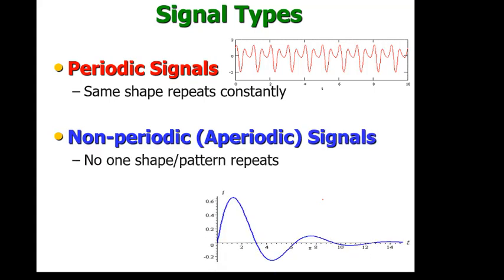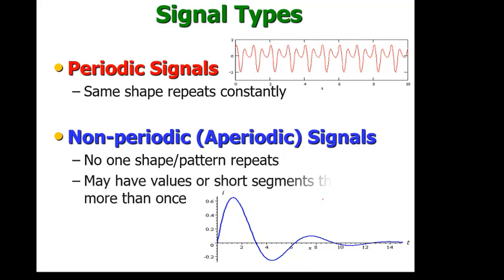The converse of that would be a non-periodic, or also called an aperiodic signal. Here there is no one shape, no one pattern that keeps repeating over and over again. That's not to say that there aren't some values that happen more than once, or some short segments that may look like they repeat again and again, but we don't have the exact same pattern repeating over and over again.